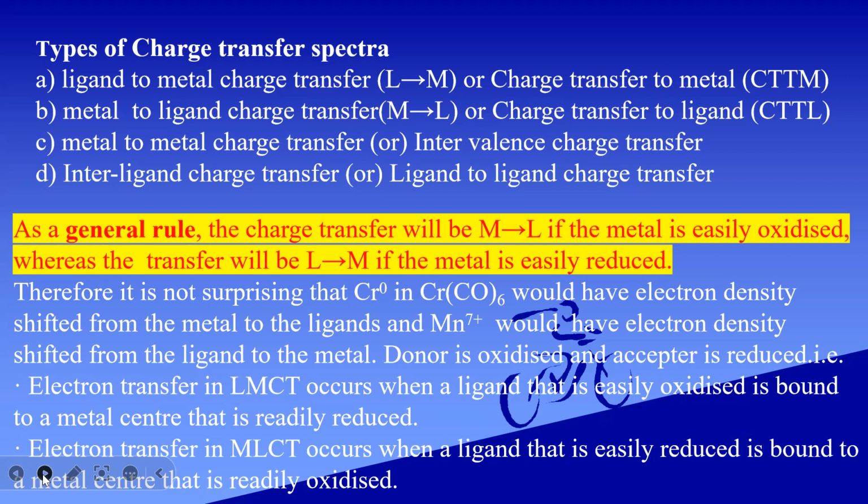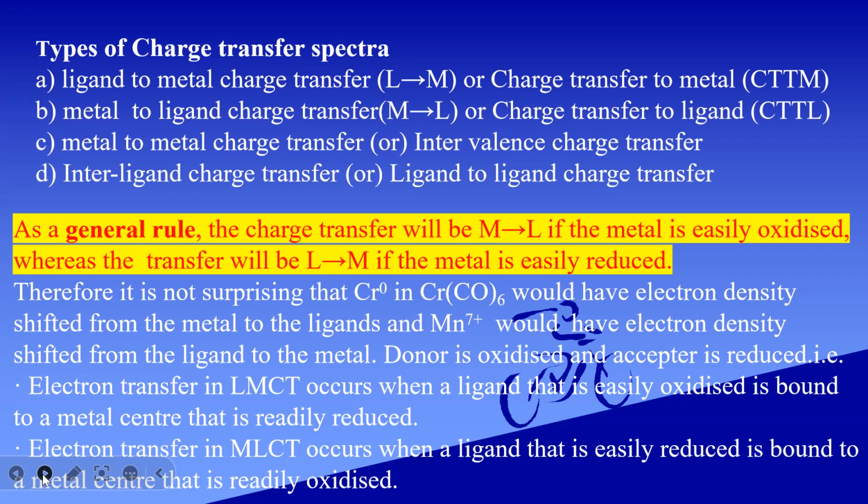Therefore, it is not surprising that Cr in zero oxidation state in Cr(CO)6 would have the electron density shifted from metal to ligand, because chromium has D6 configuration, which possesses 6 electrons.